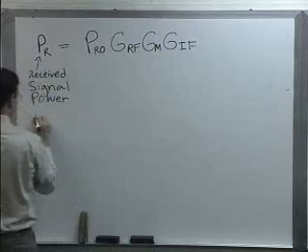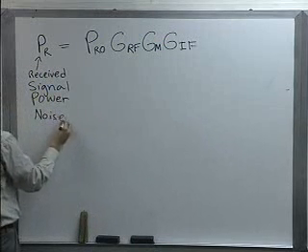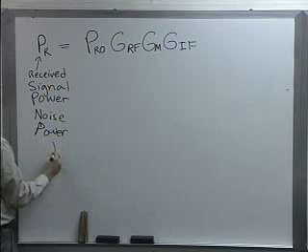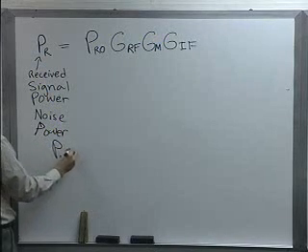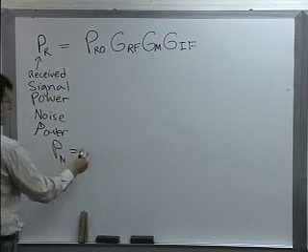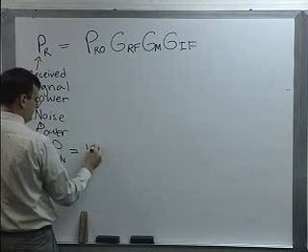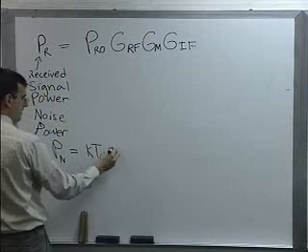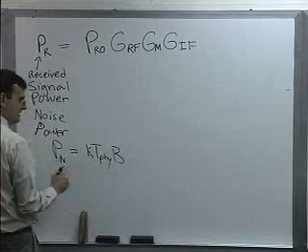And then for our noise power, P sub noise is going to be Boltzmann's constant times the physical temperature that my antenna sees, T phi, times the bandwidth of my system.